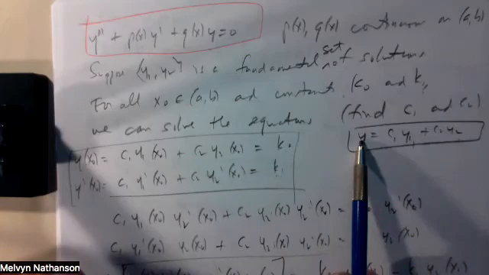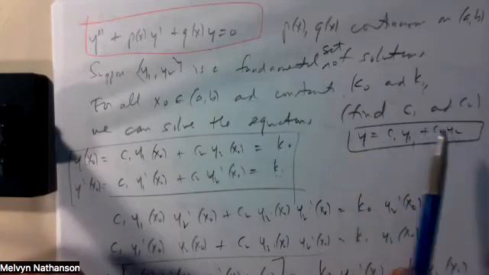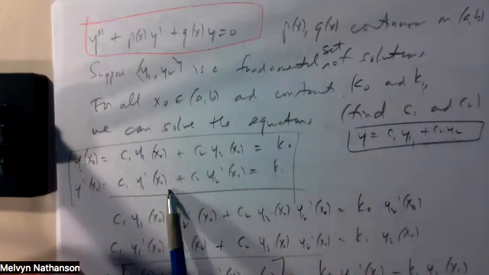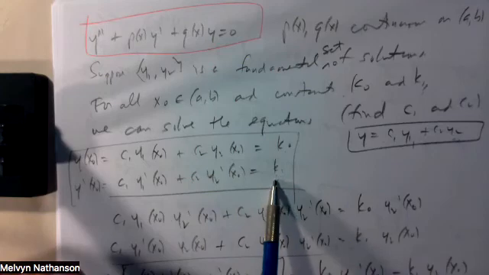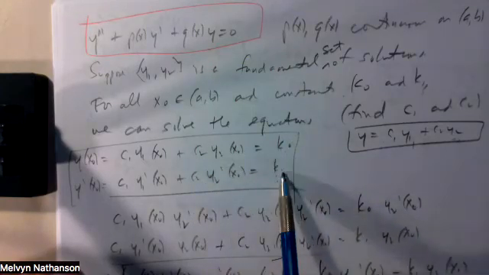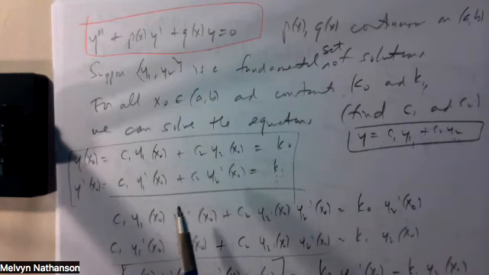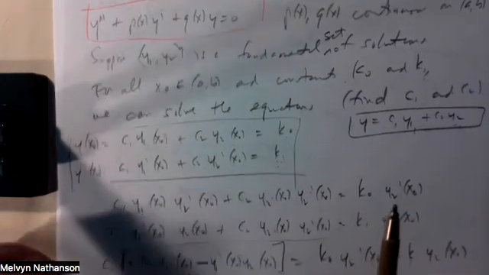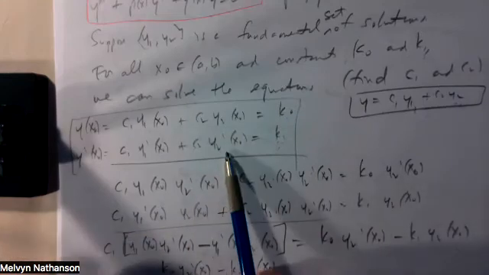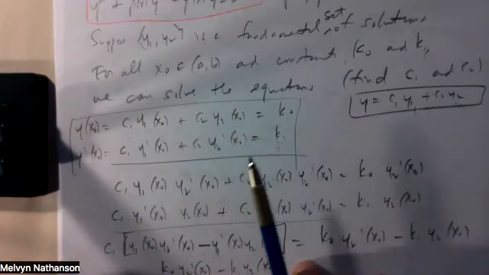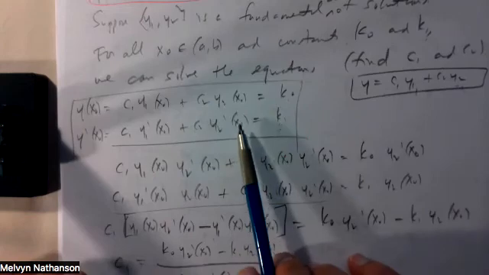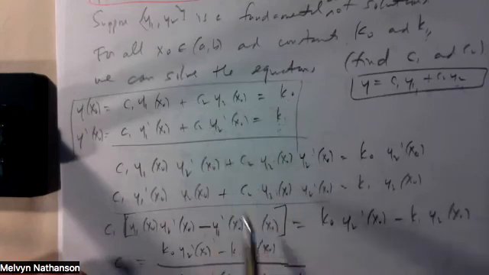But y of x naught is just this evaluated at x naught, and y prime at x naught is this evaluated at x naught. I get these two equations that C1 and C2 satisfy. So I want to solve these equations for C1 and C2. This is just high school algebra. If I eliminate C2, I get C1 is equal to this.